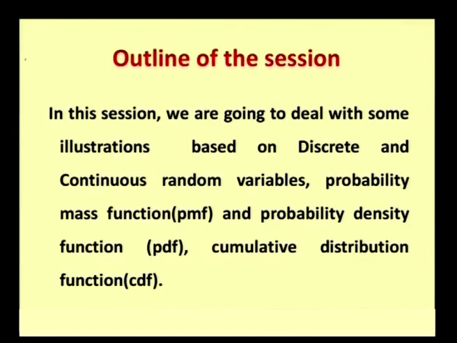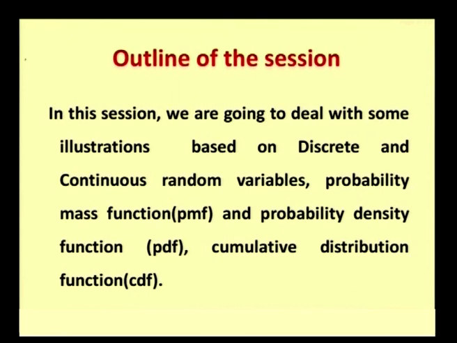Proceeding further with discrete random variables, if the random variables are added, how to find the probability mass function, and dealing with continuous random variables are going to be seen in this session. The outline of the session is based on discrete random variables and continuous random variables.